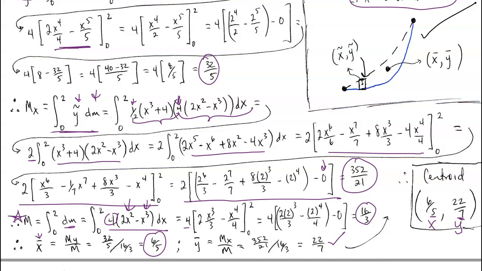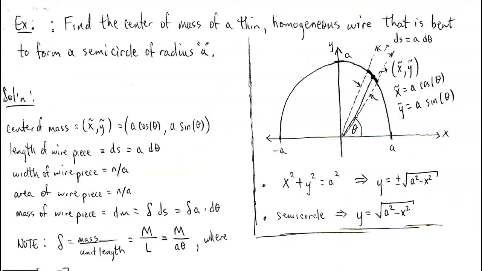All right, so we're going to do one last example, and then we'll conclude this video and this video series. Okay, so for this last example, I'm kind of switching gears here, and we're actually going to talk about trying to find the center of mass of a thin homogeneous wire, meaning that the wire has a uniform density throughout.